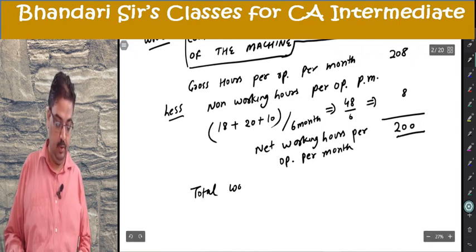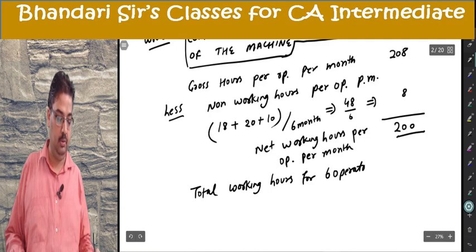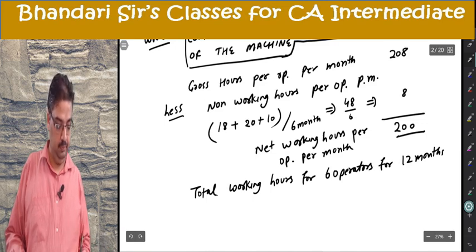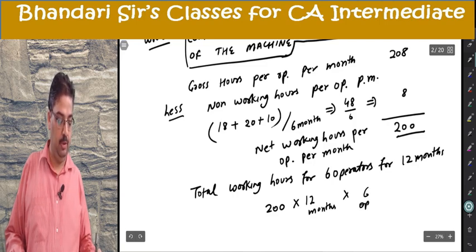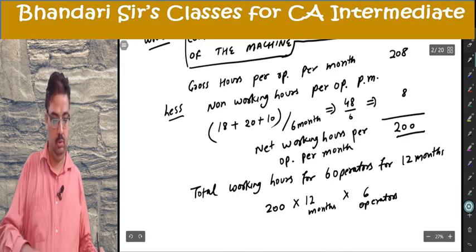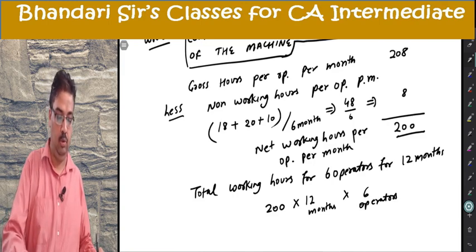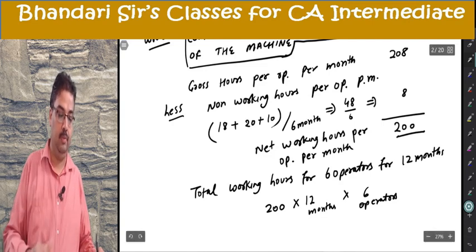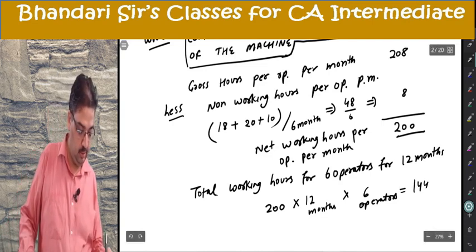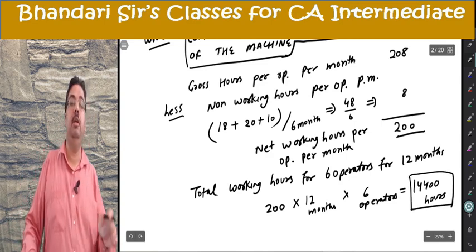Total working hours for 6 operators for 12 months, 200 into 12 into 6. I am getting 14,400 hours. Will be needed at the end of the question.